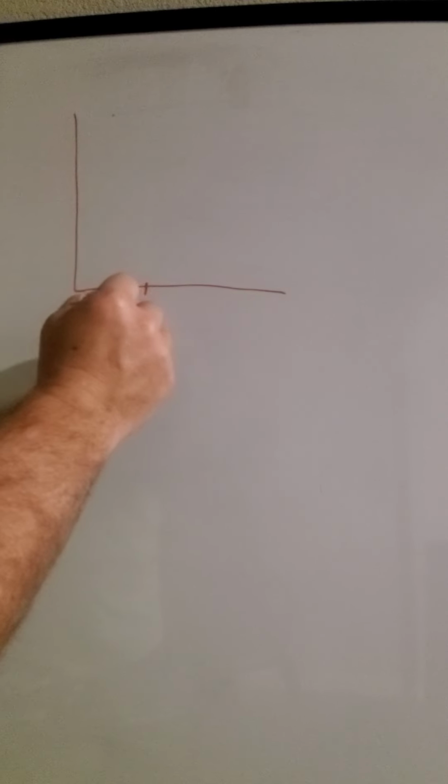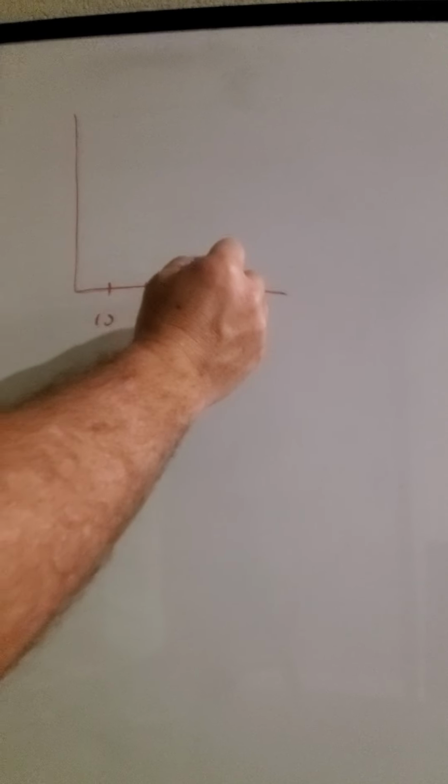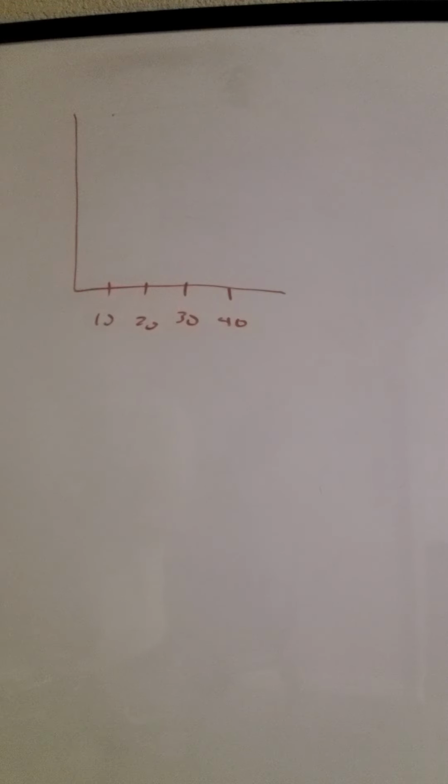Okay, I'm going to rough sketch a graph real quick here for us. All right, let's say we've got 10, 20, 30, and 40, and let's say we've got 5, 10, 15, and 20.